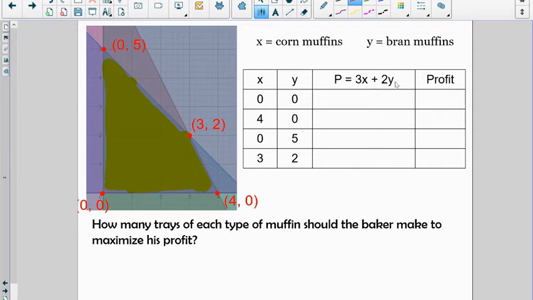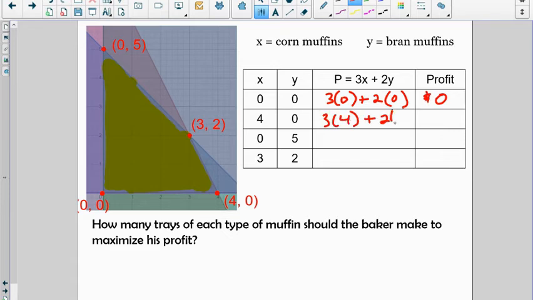And I have my objective function from the previous page. $3 profit for each tray of corn muffins and $2 profit for each tray of bran muffins. Let's calculate total profit. So we substitute our values for X and Y into our equation. So 0 trays of each will result in a profit of $0.